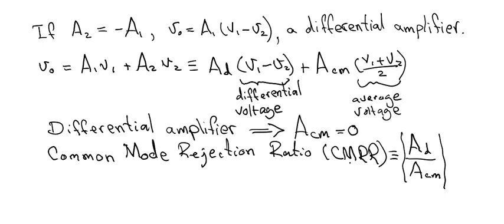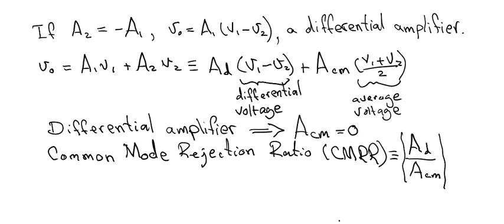If we define a differential gain A sub D and a common mode gain A sub CM, then the output voltage may be expressed as A1 times V1 plus A2 times V2, which is equal to AD times the difference, V1 minus V2, plus ACM times the average voltage, V1 plus V2 over 2.